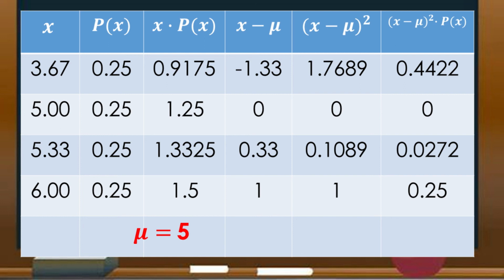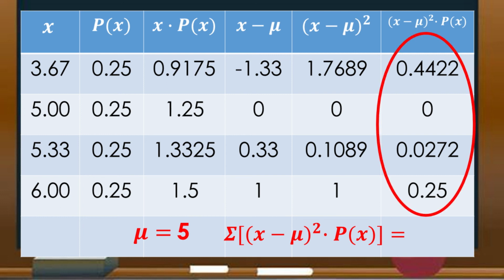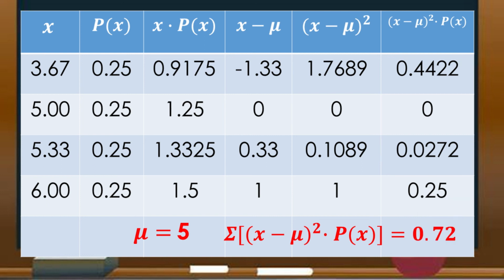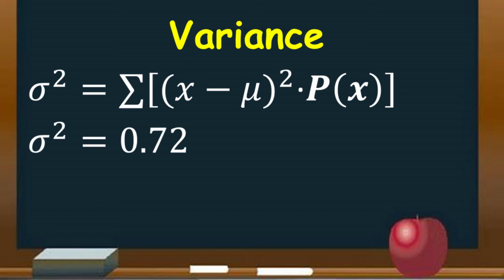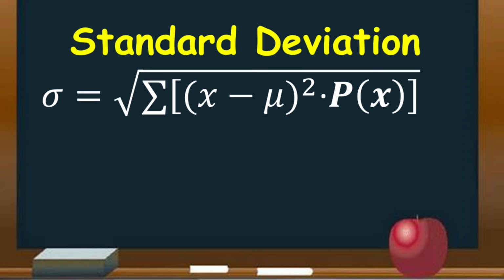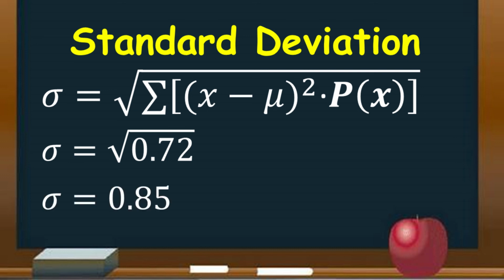And lastly, get the summation of the quantity the square of x minus mu times p of x. Add all these values, and the sum is 0.72. So the variance is 0.72. And for the standard deviation, just get the square root of the variance, which is 0.72. So we have 0.85.